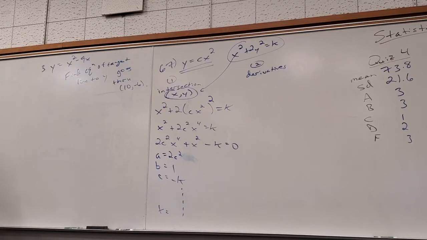All right. So anything up there make you think about doing something? What's the most obvious thing that you need to do? Take the derivative. Tangent line. I need the slope. Let's figure out the derivative.